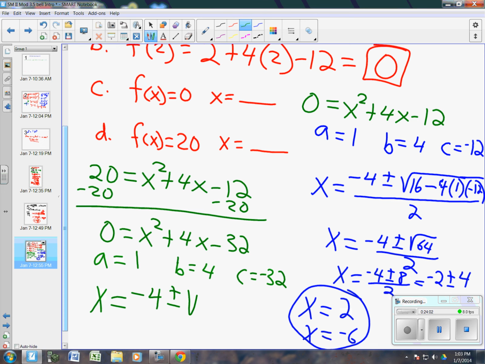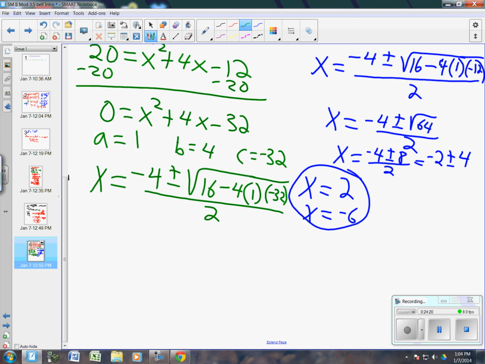Plus or minus the square root of b squared. What's b squared? 16. 4 squared is 16. Minus 4 times 1 times negative 32. All over 2. It's kind of like the last problem, isn't it? A little bit different. So everybody put this in your calculator. 16 minus 4 times 1 times negative 32.